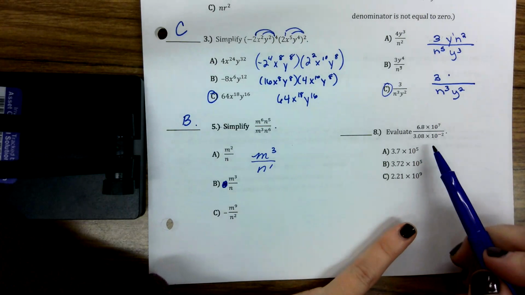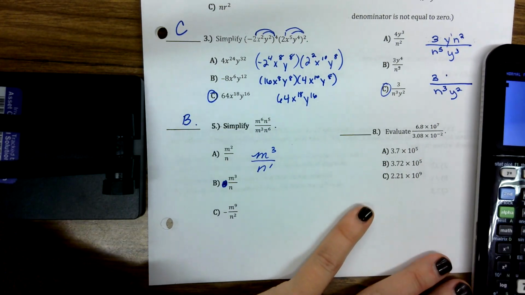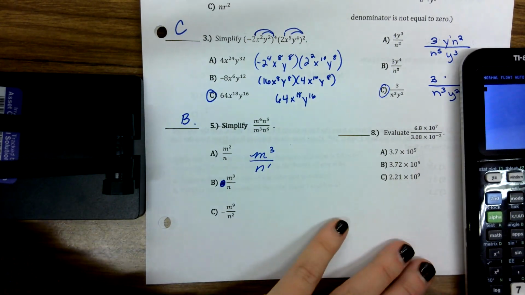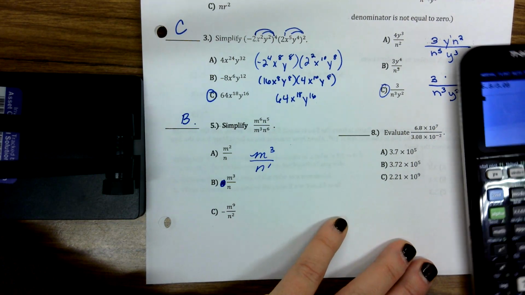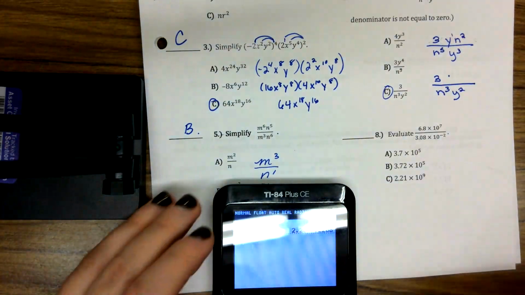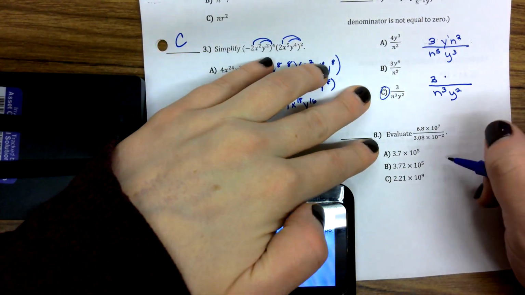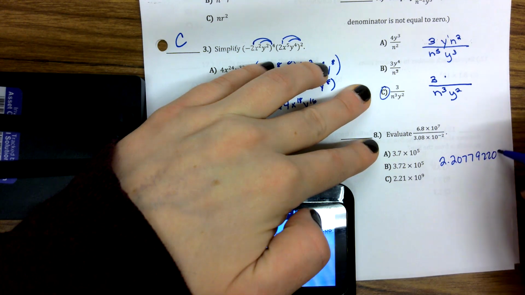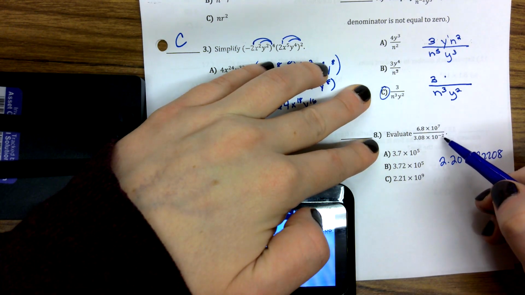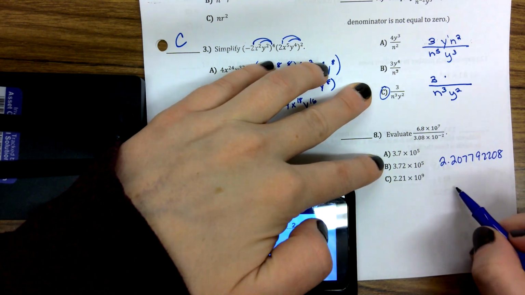Okay, number 8. Like I said, you could just put it all in the calculator, or 6.8 divided by 3.08 is this large number, 2.207792208. 7 minus minus is going to be a 9.